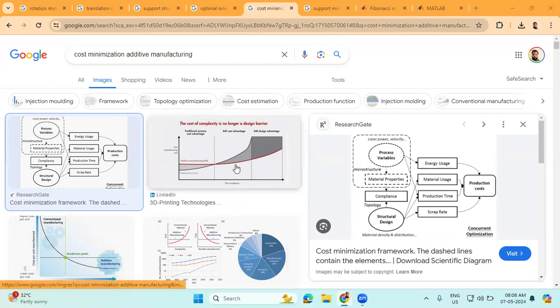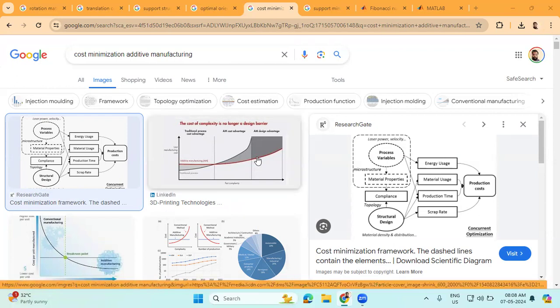Again, the total costs involved in the additive manufacturing process are the pre-processing cost, the machine utilization cost, material cost, and finally post-processing cost. So these four costs added together, you will get the total cost involved in an additive manufacturing process.